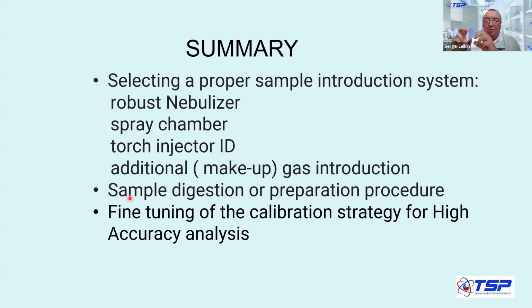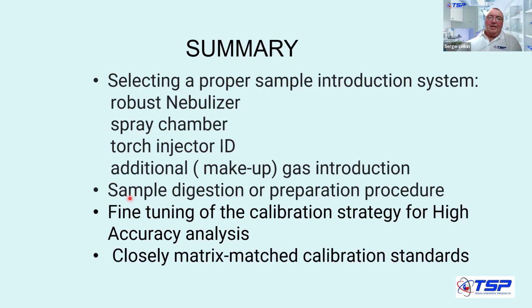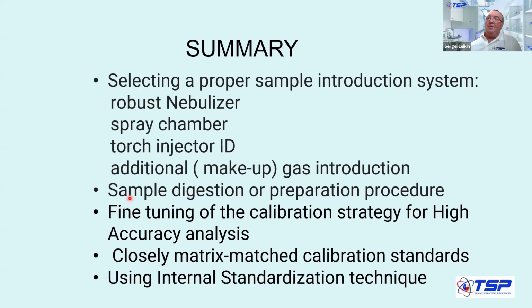You have to play with the statistical weight to bring your residual or relative percent error to better than 0.5% at least if you're looking for 2% relative accuracy. And then, of course, closely matrix-matched calibration standards, as I showed with a few examples. This year, I think Michael will continue on that.